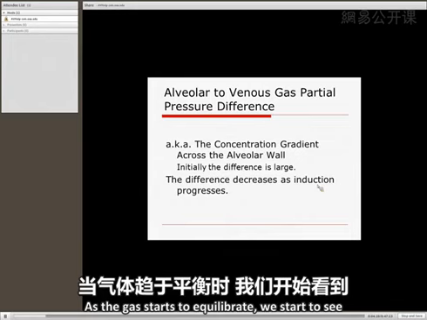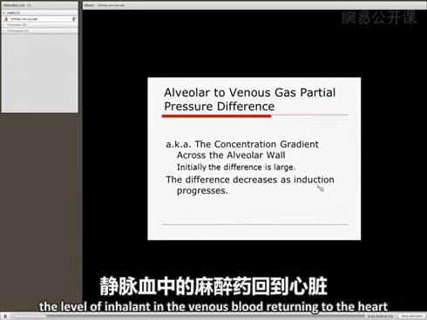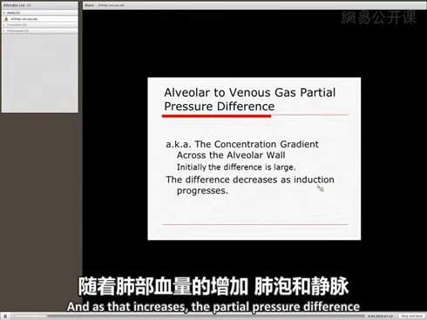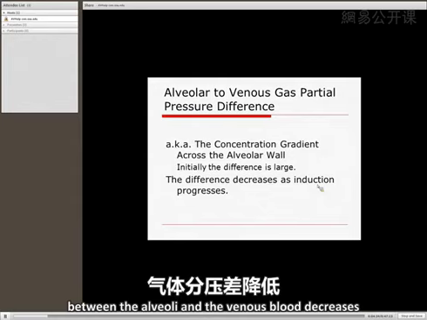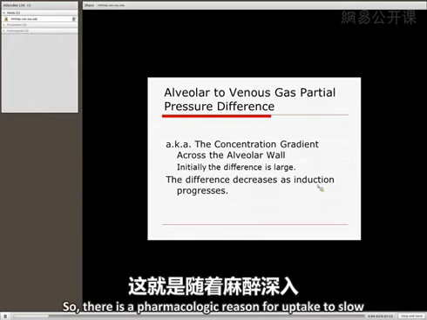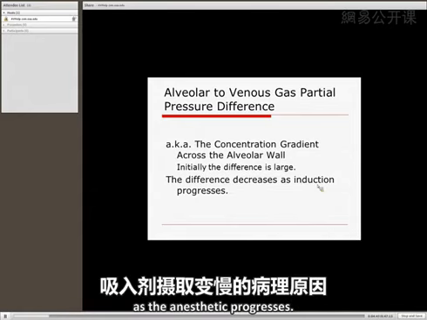As the gas starts to equilibrate, we start to see the level of inhalant in the venous blood returning to the heart, and therefore going to the lungs, increase. And as that increases, the partial pressure difference between the alveoli and the venous blood decreases, and therefore uptake slows.